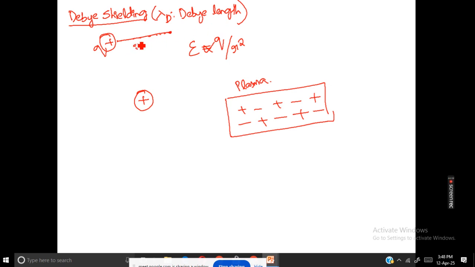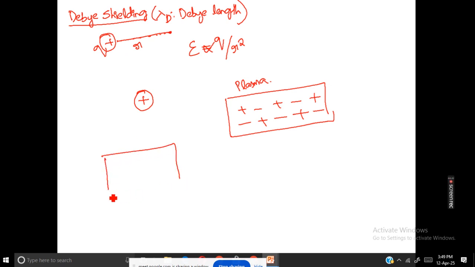Now we are placing this charge within plasma, which is an electrically conducting material with both positive and negative charges. So when we place this positive charge within a plasma, it will confine the influence of this charge up to a certain point, after which the remaining plasma will not come under the influence of this charge, or will not realize that there is a charge present at some point in the plasma.